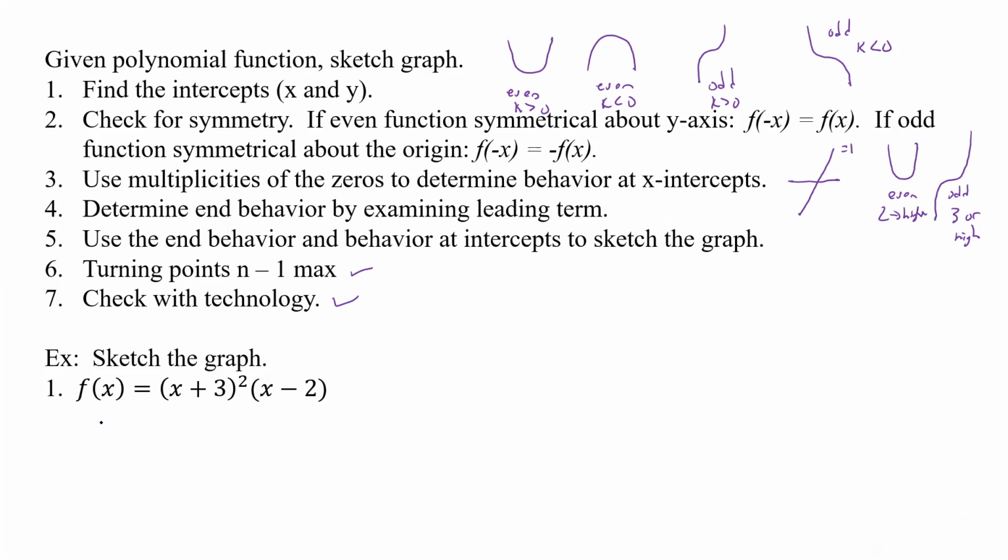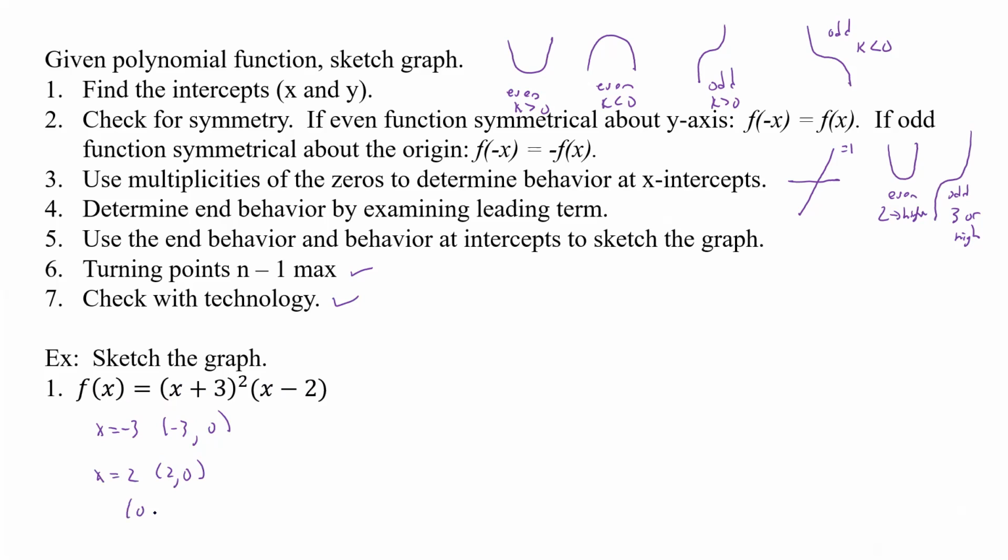All right, so what do we have here? Well, we have x equals negative 3, or negative 3 comma 0. So we're going to have an intercept here. We're going to have x equals 2, or an intercept at 2 comma 0. Now, if we plug in 0 for x, so f of 0, that's going to give us our intercept for y. That's going to be 3 squared, which is 9, times a negative 2.